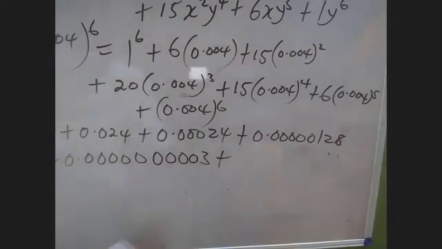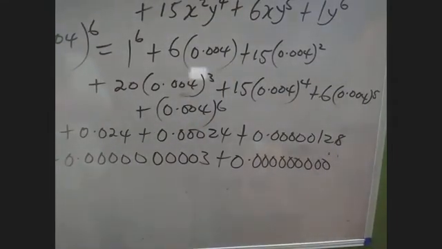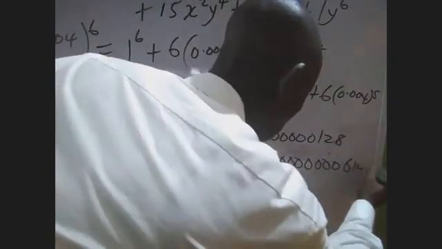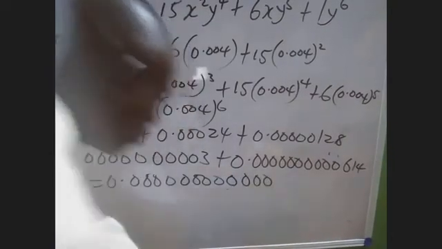Then 0.004 raised to the power of 6. Finally you have plus a very small number; your calculator will give you everything.